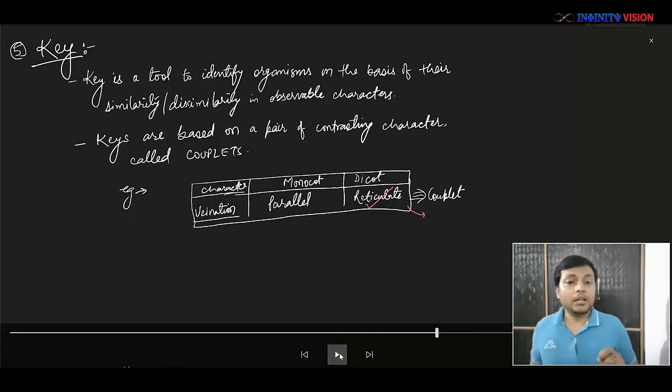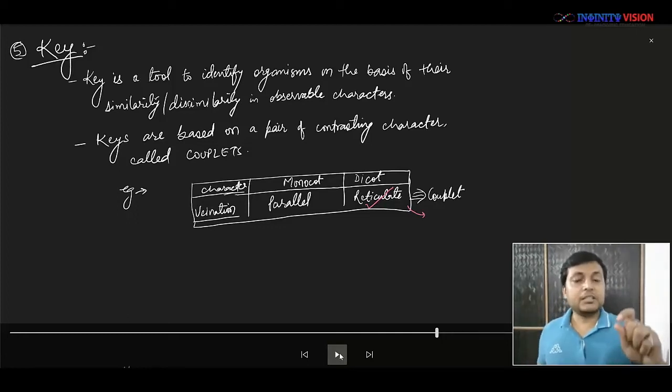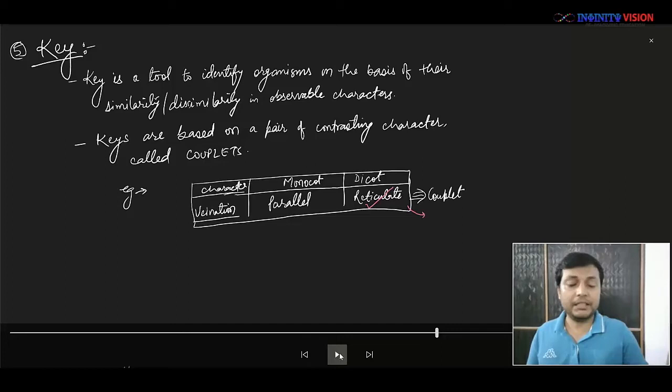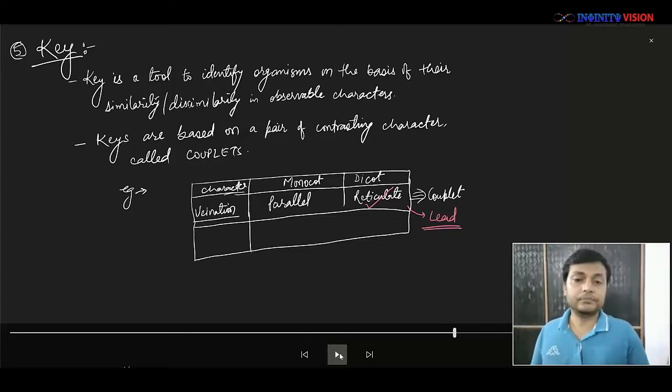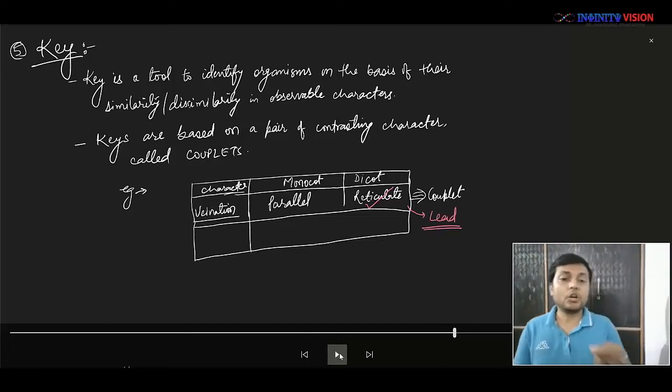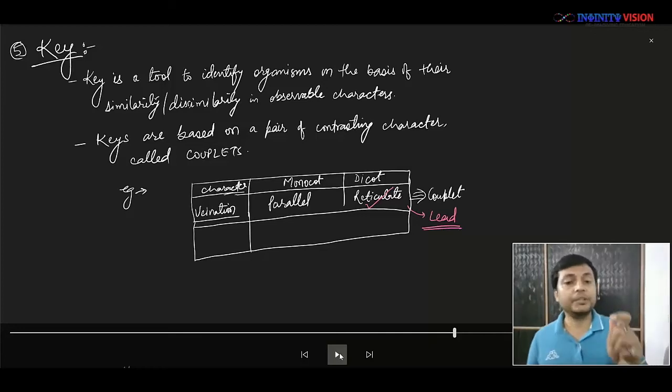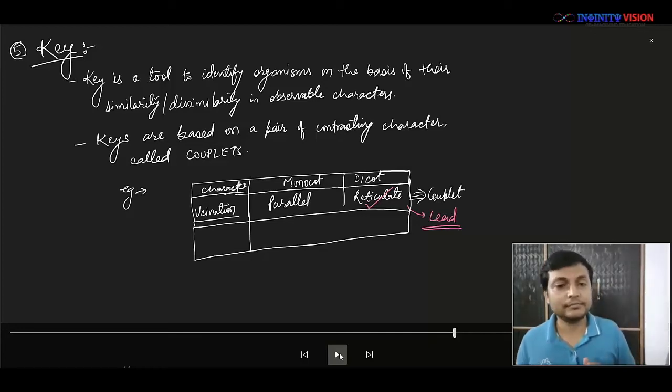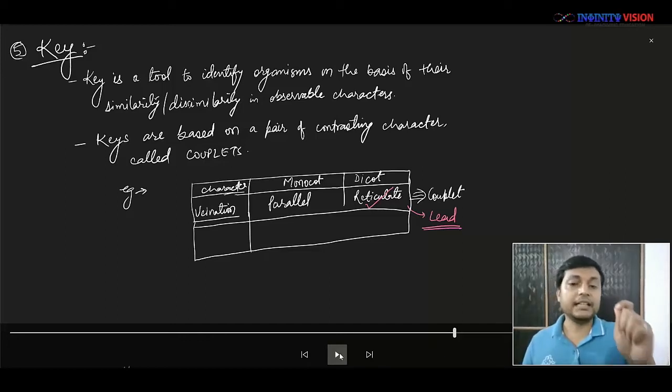So the acceptance or rejection of one particular contrasting character of a couplet is called a lead. So on this basis you got a lead that this plant should be dicot. Getting it? So key, contrasting characters, couplet and lead.